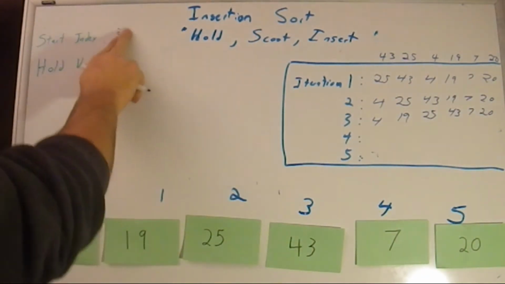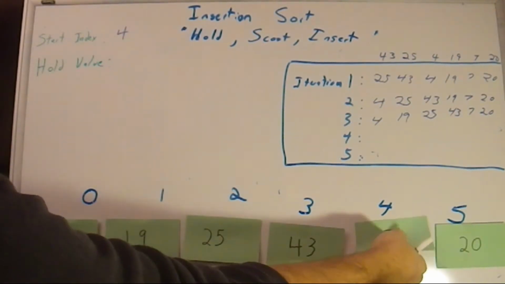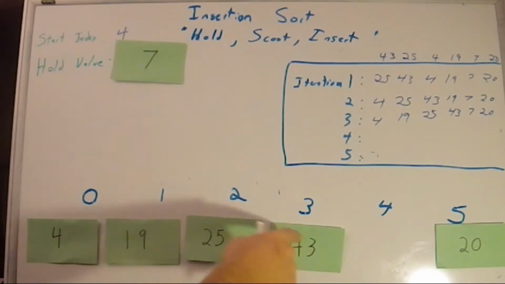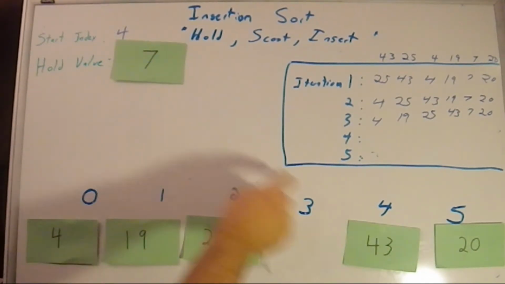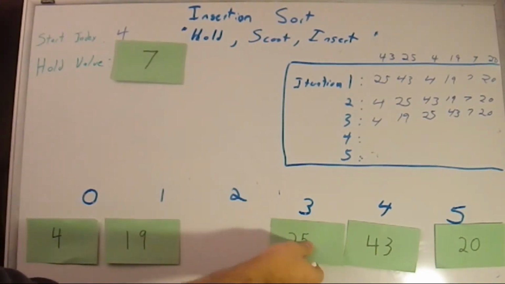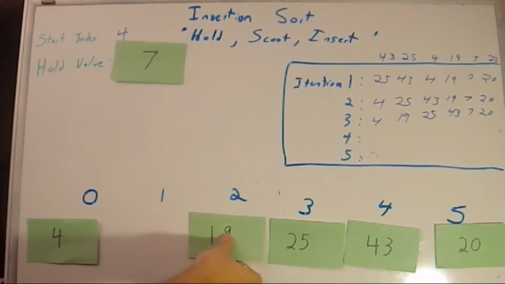Okay, going to the next index, index 4, we hold off 7. Now we start looking to the left of it and comparing. 7 is less than 43, so 43 gets scooted. 7 is less than 25, so 25 gets scooted. 7 is less than 19, so 19 gets scooted.